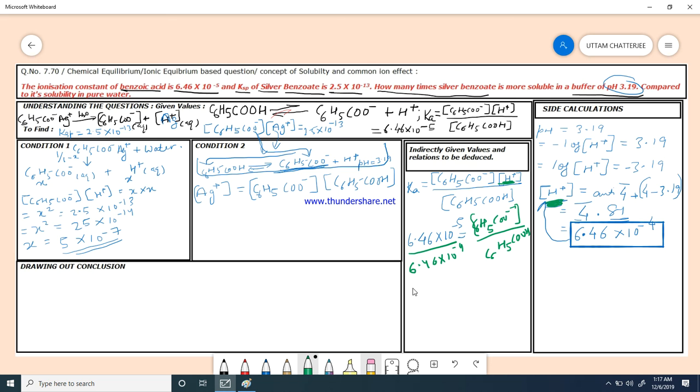So we can write this relation as C6H5COO minus is equal to C6H5COOH by 10. This value comes out to be 1 by 10. Or C6H5COOH is equal to 10 times C6H5COO minus.